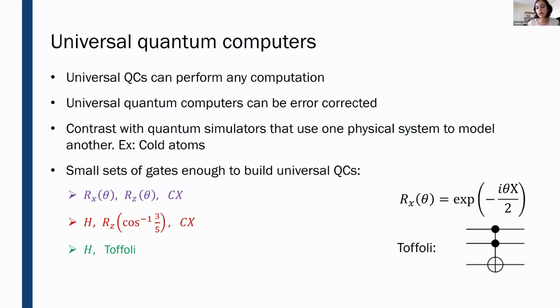Cold atoms is, I'm not an expert, but basically you can trap atoms in a lattice formed by lasers, right? So you have a lattice of atoms floating in space and trapped by lasers.